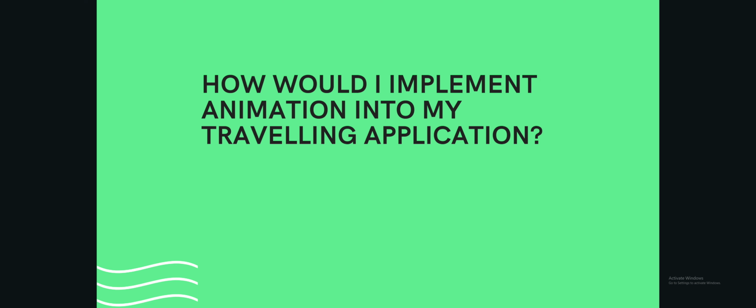Because as you navigate between questions in the traveling quiz, it doesn't really have a smooth transition between quiz questions, and I believe implementing an animation like that would improve the user experience and help the user feel a bit more comfortable answering that quiz.